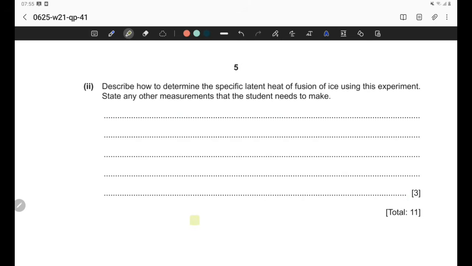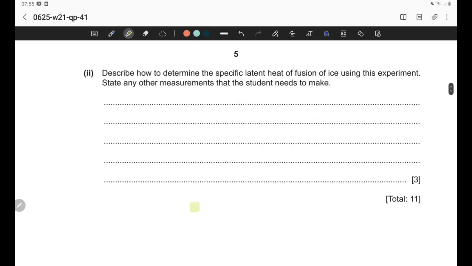Part 2. Describe how to determine the specific latent heat of fusion of ice using this experiment. State any other measurements that the student needs to make. So we have to explain an experiment to calculate the specific latent heat of fusion of ice.